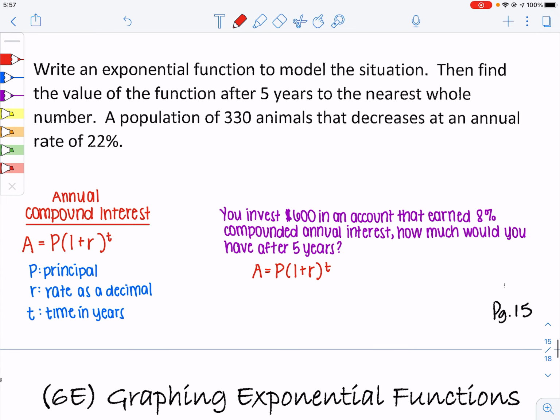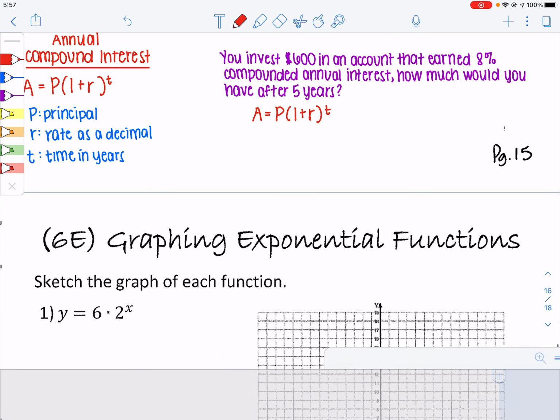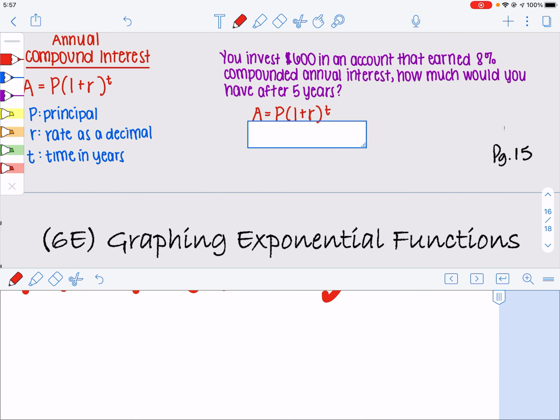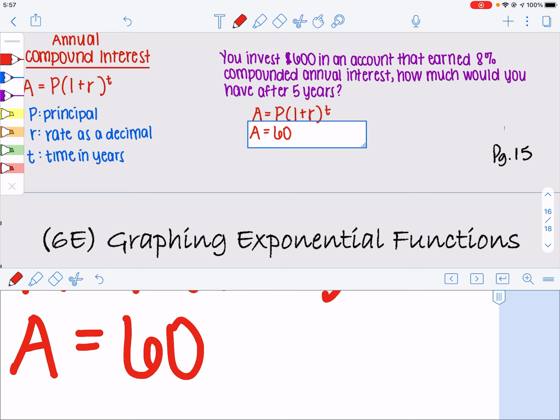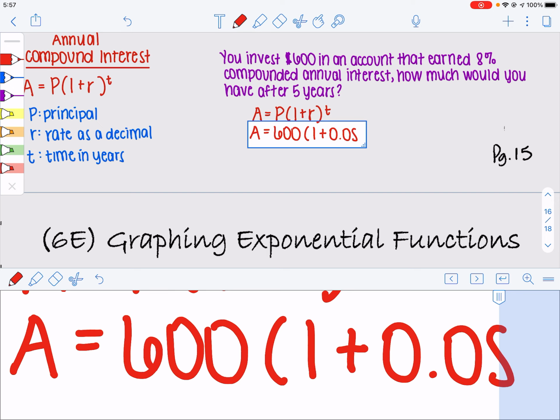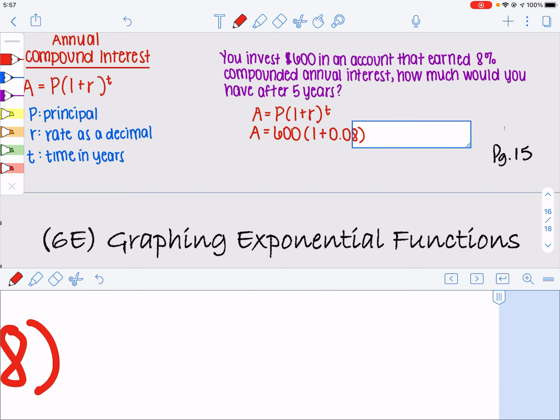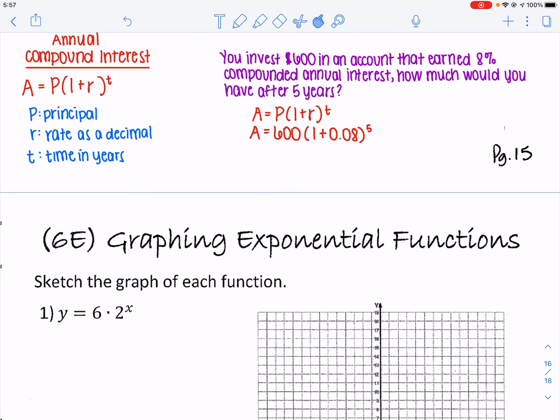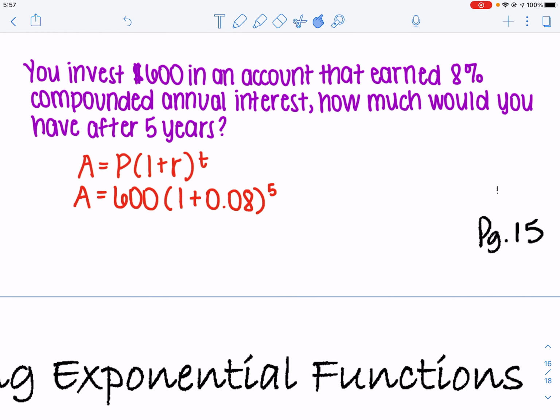All right. So our A equals, our principal is $600. That's how much money you're putting into your account. We have 1 plus the rate. We have to turn the rate to a decimal. So it's 0.08. And then it's to the time, which is 5, because we're doing this for 5 years.